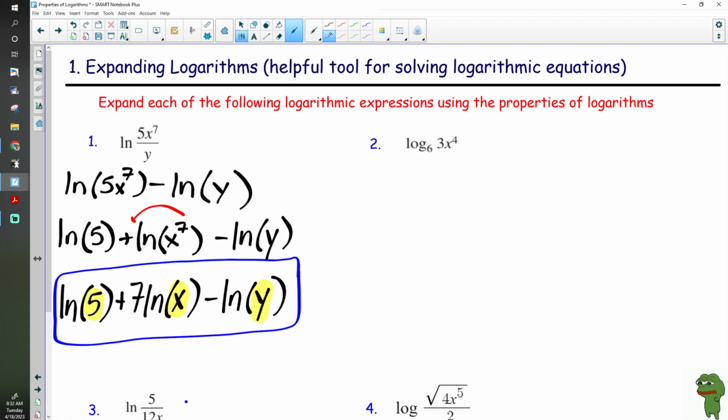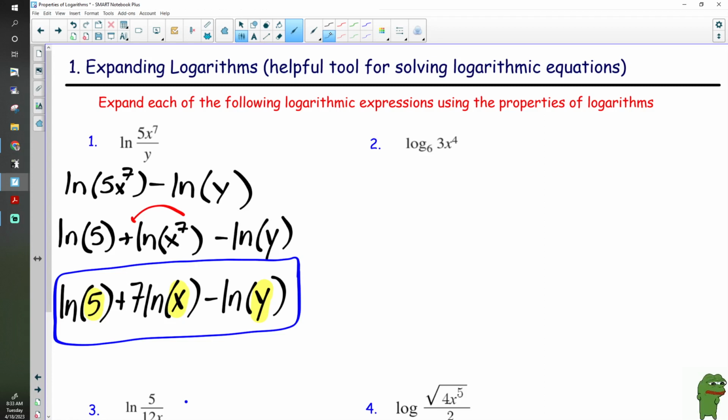Inside of this logarithm, there is a 3x to the 4th. Which properties will you use to expand? Or how many will you use? What all is happening with 3x to the 4th?